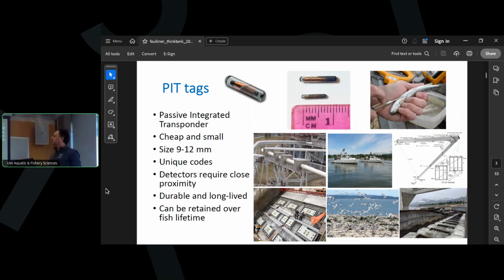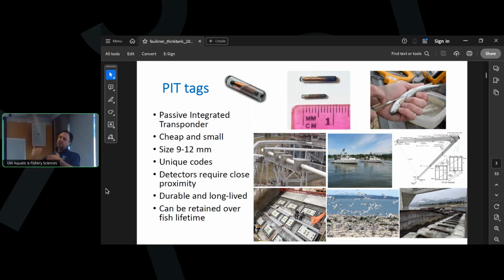These are pretty small, typically 9 millimeters for smolts. It's the same thing they inject in pets, so if you lose your pet, they can scan it and figure out what it is. And there's a steelhead smolt getting injected with the PIT tag.